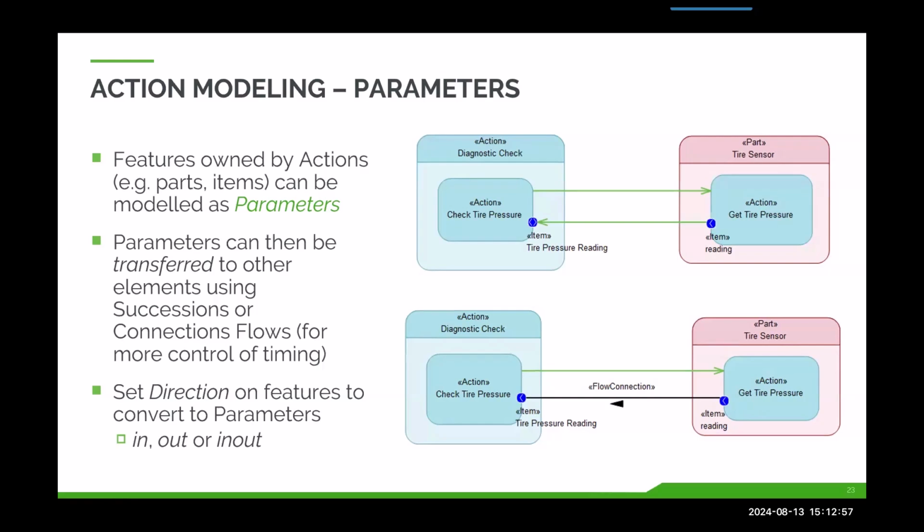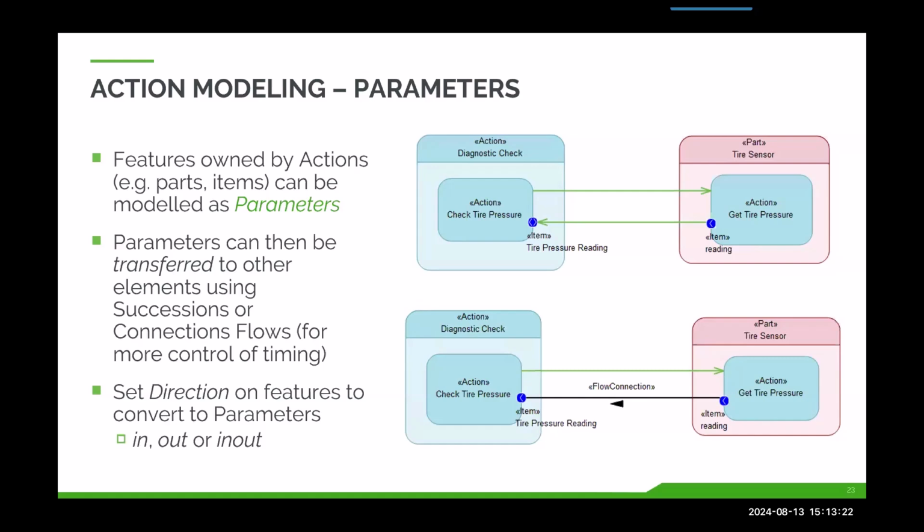The way that you can control information that flows across different parts of the model is using parameters. Actions own features, so they can own actions themselves, they can have properties, they can have items, and we can model these as parameters.